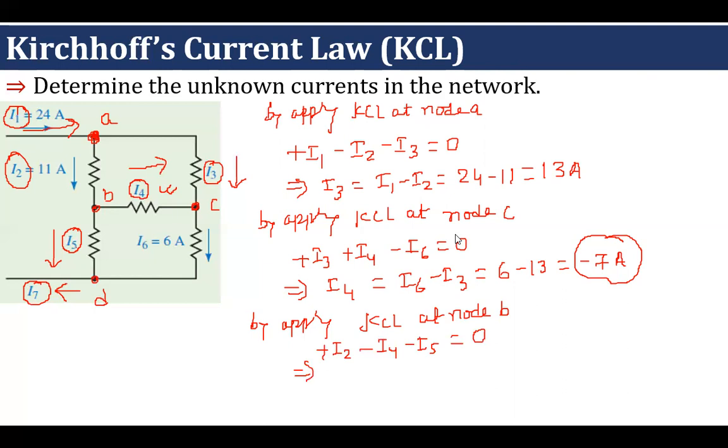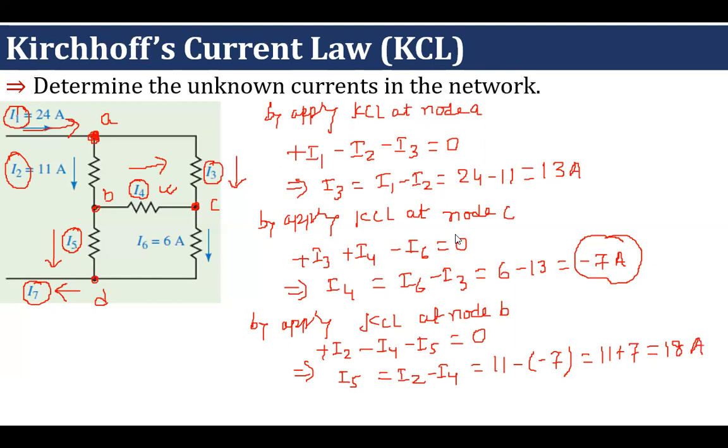Okay, we have to find out I5, so I5 is going to be equal to I2 minus I4. What is the value of I2? It is given 11, and what is the value of I4? Just now we got it is equal to minus 7. Okay, so 11 plus this, minus minus will become plus, so this is going to be equal to 18 ampere.